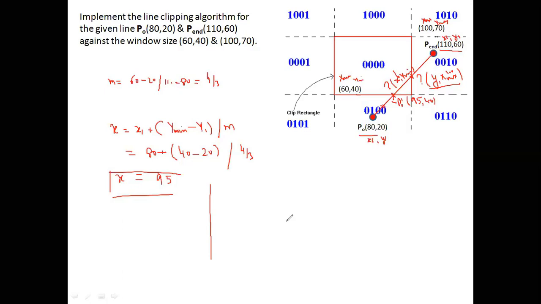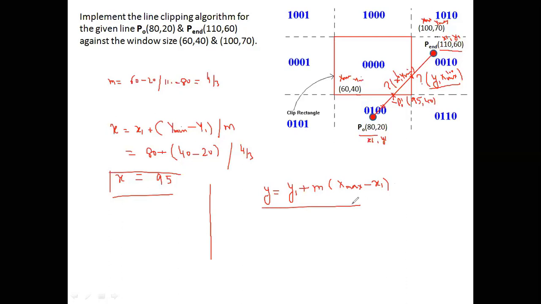So the formula for this, you have to calculate the value of y, that will be equal to y1 plus slope m times x max minus x1.